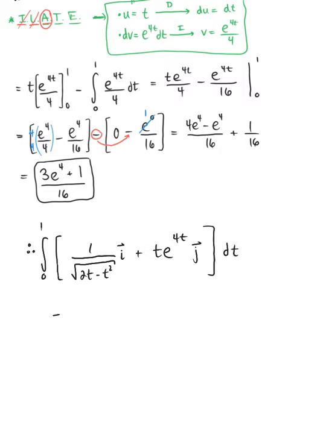And we just integrated to find that our beautiful final answer here is going to be pi over 2 i hat plus 3 times the natural exponential raised to the 4 plus 1, and that's all divided by 16, multiplied by j hat.